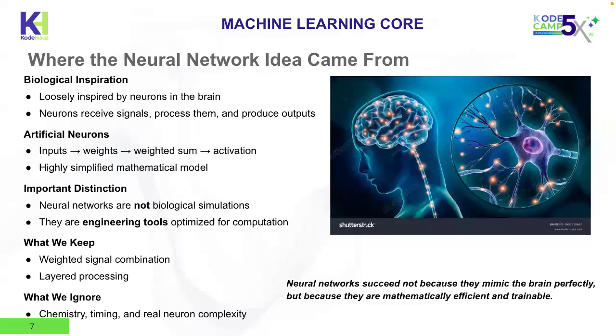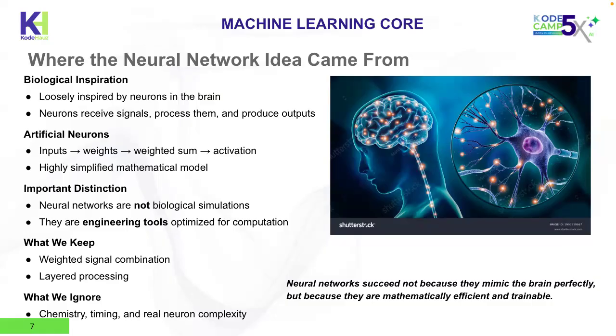The whole idea of artificial neurons started a long time ago, way back in the 1950s, or maybe even earlier. They were trying to figure out the best way to simulate human intelligence. So the most logical answer is to look at how human intelligence actually works.